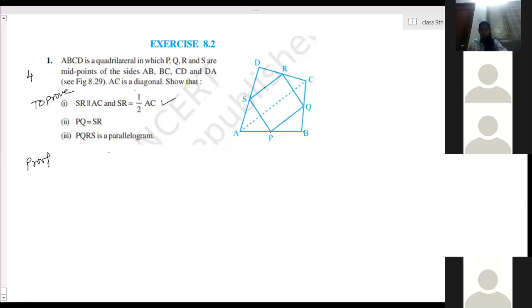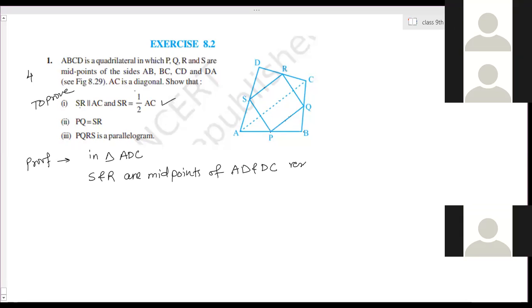No construction. So in triangle ADC, S and R are midpoints of AD and DC respectively.